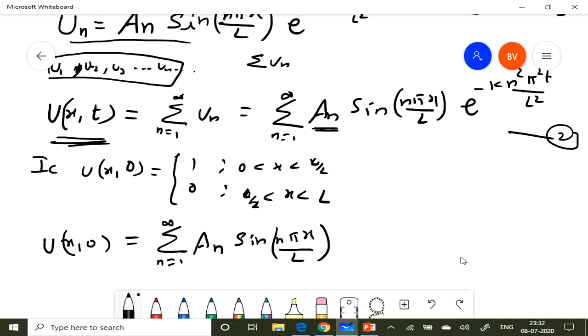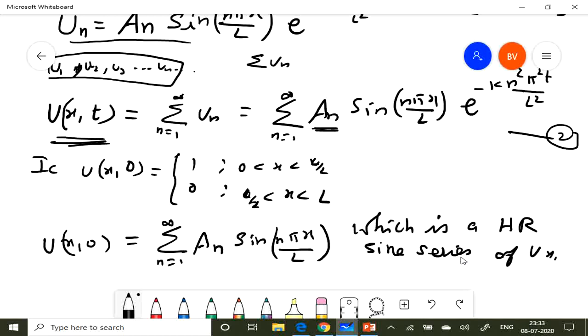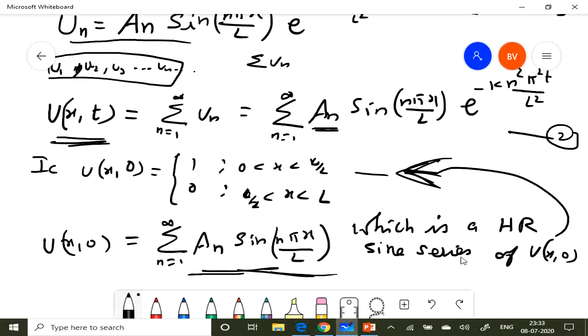Now this is looking like a half range sine series of u of x comma 0. What is u of x comma 0? Which is given here. For this function, we find the half range series, which is given here on the right side. Therefore, a_n is the b_n in the Fourier sine series, isn't it?